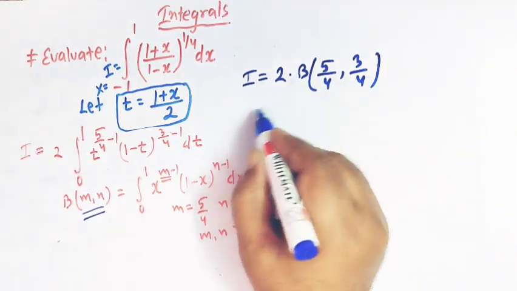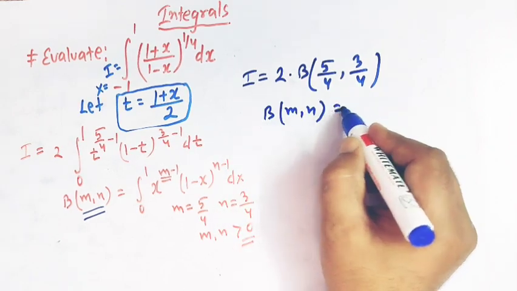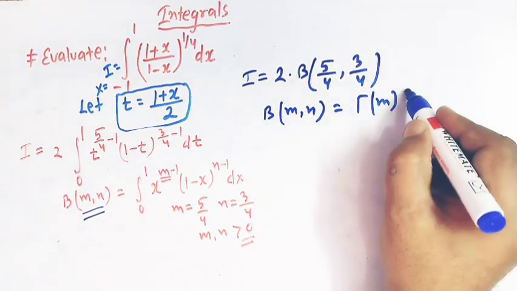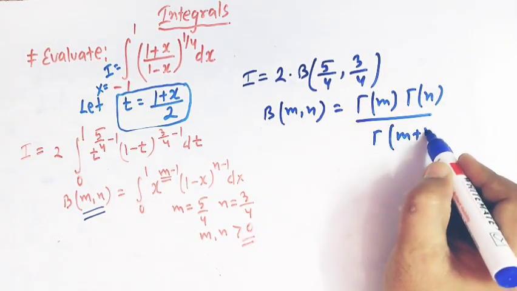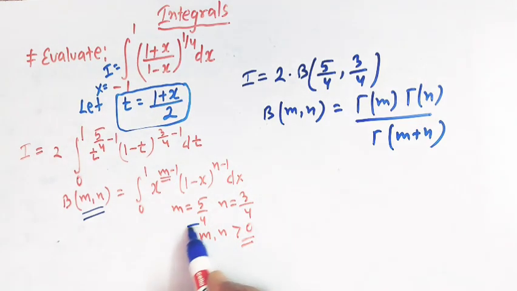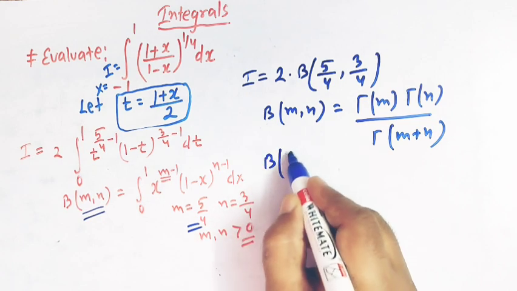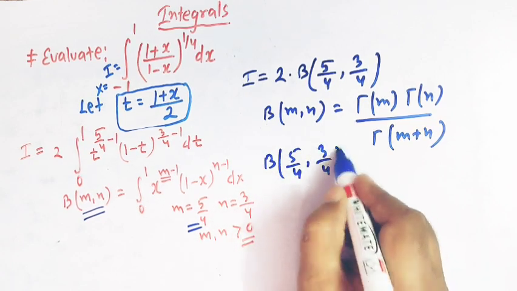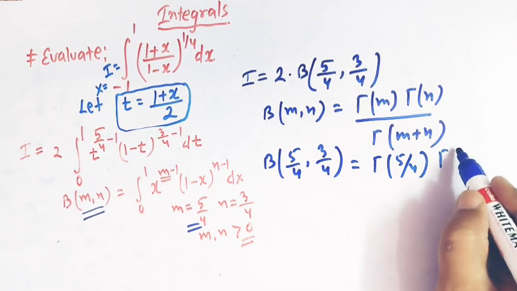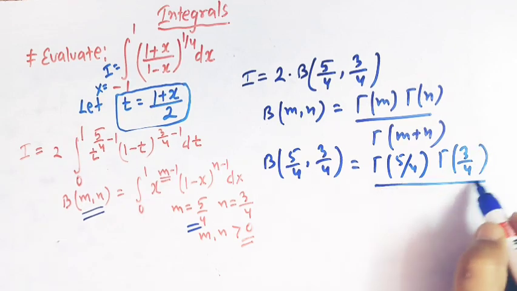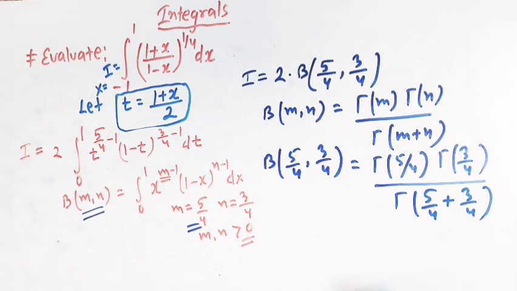And now we know an important relation between the beta function and the gamma function. Beta of m, n is equal to gamma of m, gamma of n divided by gamma of m plus n, right? So taking m is equal to 5 by 4 and n is equal to 3 by 4, beta of 5 by 4, 3 by 4 is equal to gamma of 5 by 4, then we have gamma of 3 by 4, and here we have gamma of 5 by 4 plus 3 by 4, right?